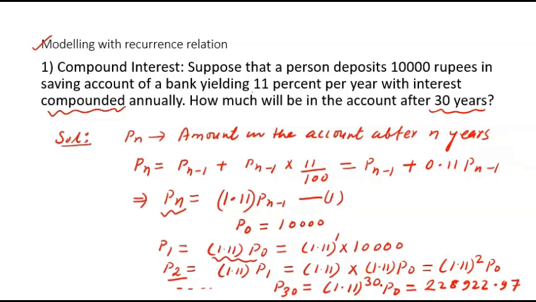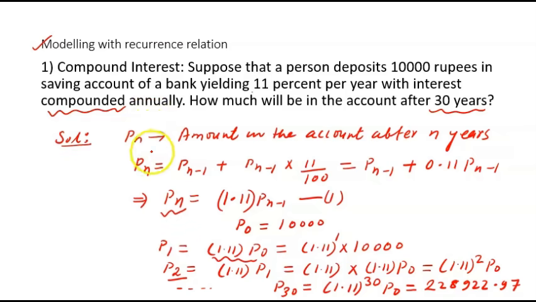So did you notice what we have basically done in this problem? We have first tried to write one recurrence relation. And what is the recurrence relation? We need to use one or more of the previous terms, this is important.